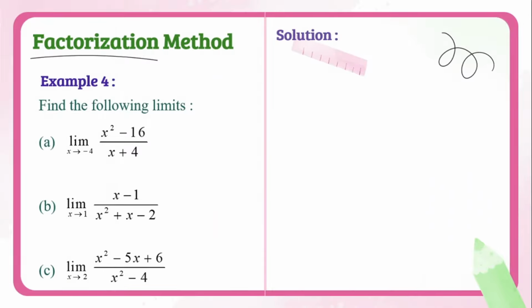Same with question C, we have the limit of x squared minus 5x plus 6 over x squared minus 4 as x approaches 2. In this example, we have quadratic expressions for both numerator and denominator.